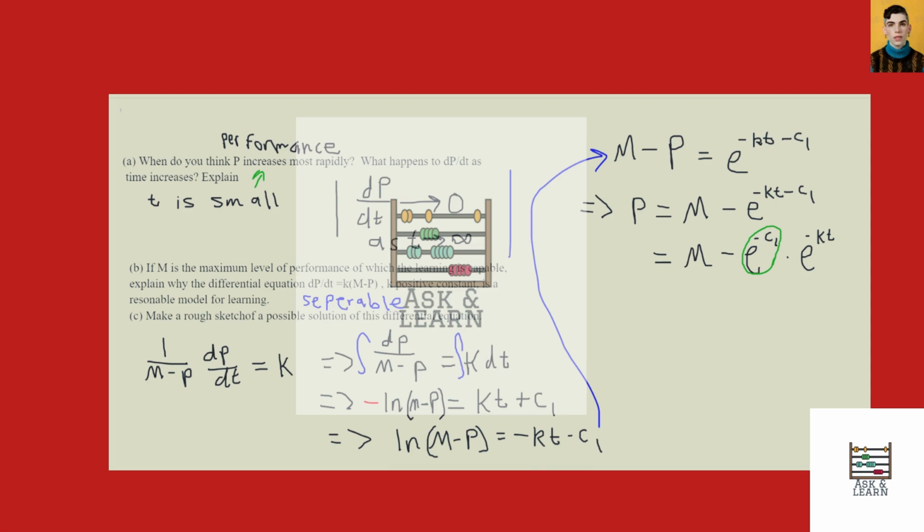I'll call it C2. So that gives me M minus C2. And then recall that when I have a negative exponent, I can just write this as 1 over whatever I have here. So I get e to the Kt.